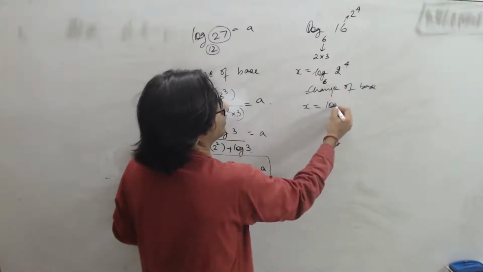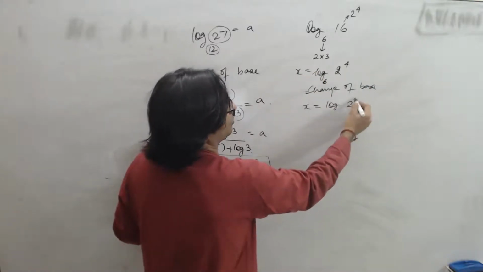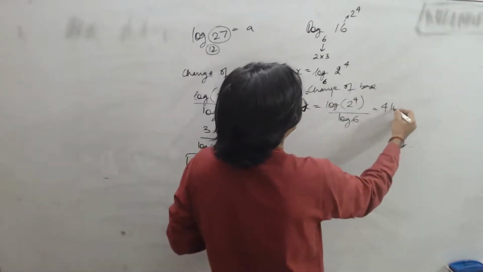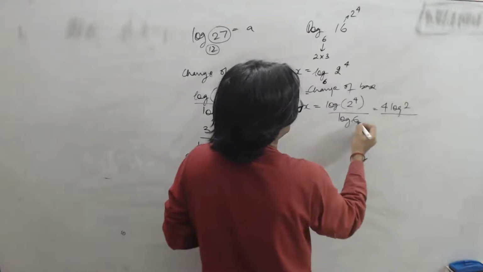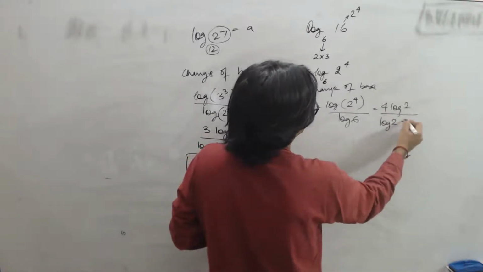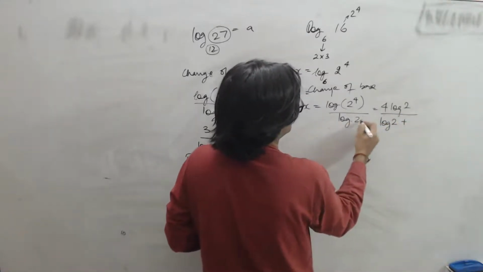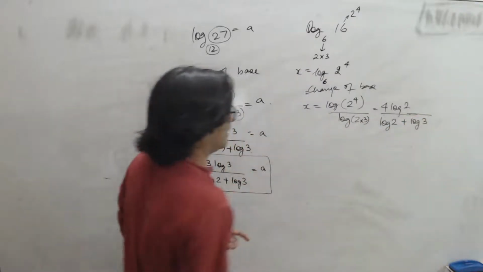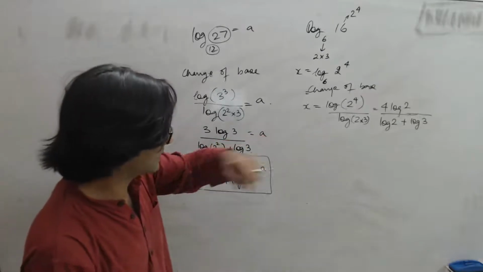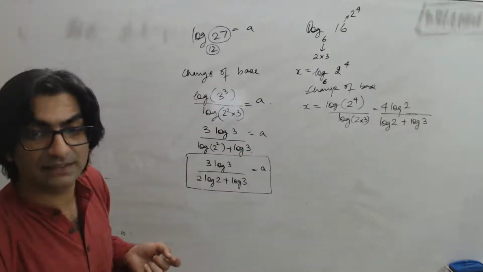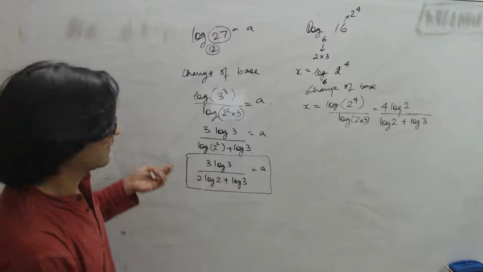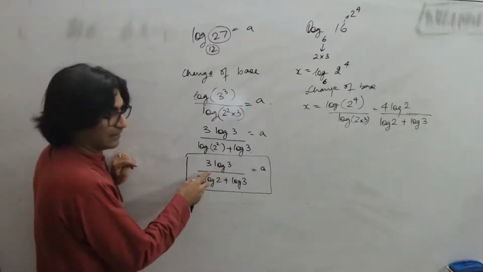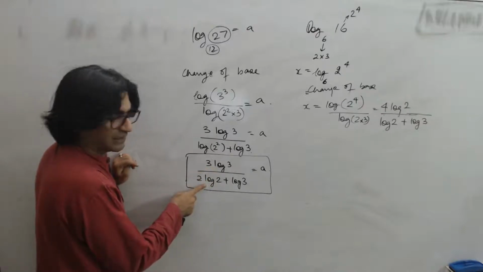X will be, by change of base, log of 2 power 4 divided by log of 6, which is 4 log 2 divided by log 6. 6 can be written as 2 into 3, right? So log 2 plus log 3. And now you can see that I want to use this, but it doesn't seem to be that easy. So how do I do this? Basically, both of them contain, remember, the numerator contains log 3, the denominator contains log 2 and log 3.